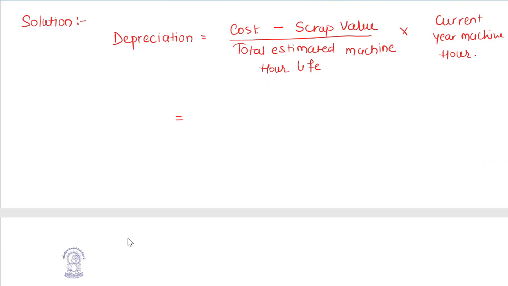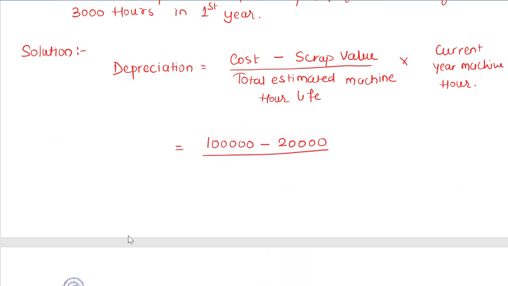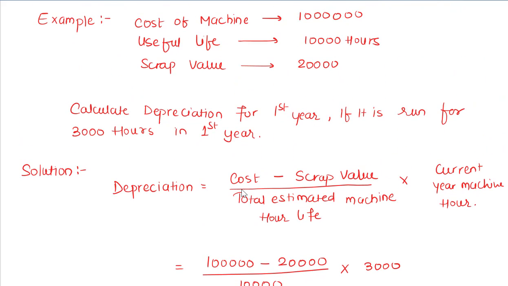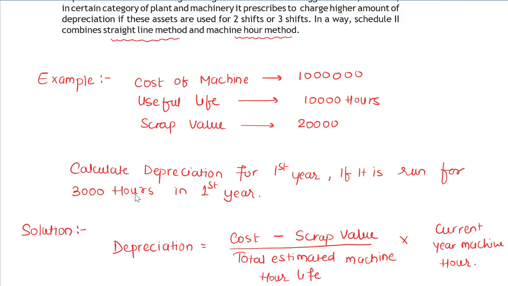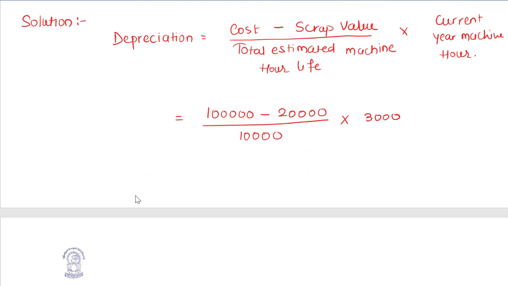Cost is given over here, which is 1 lakh. Scrap value is 20,000, so 1 lakh minus 20,000. The total estimated machine hour life is 10,000, multiplied by the current year machine hour usage, which is 3,000 hours.